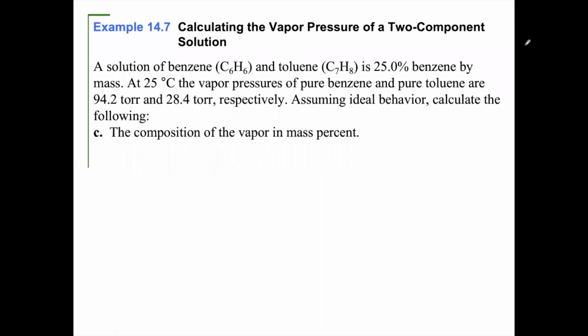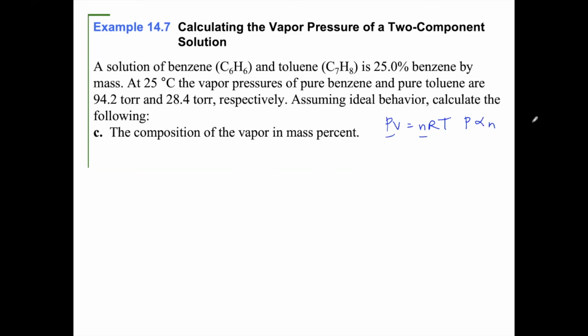Okay, so here we come to the last part. We have to find the composition of the vapor in mass percent. Okay, this is mass percent composition of a gas. Keep in mind that according to the ideal gas law, and we won't be using this formula in this problem, but just as an FYI, remember that pressure is directly proportional to moles.